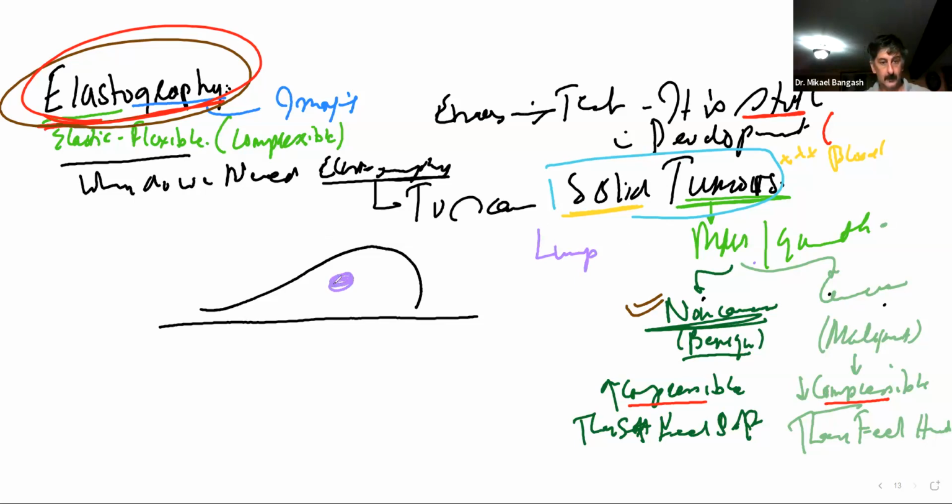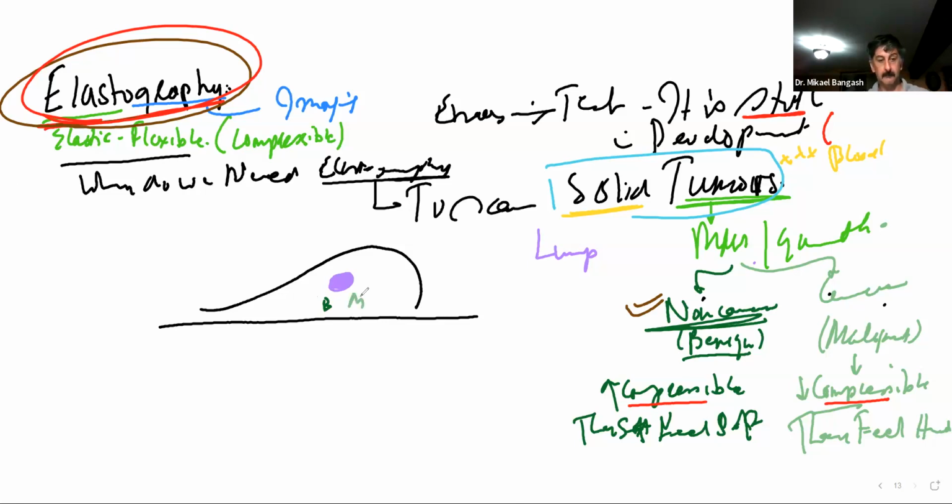This is your lump. But we didn't really know whether this one was benign or non-cancerous, or whether it was malignant.